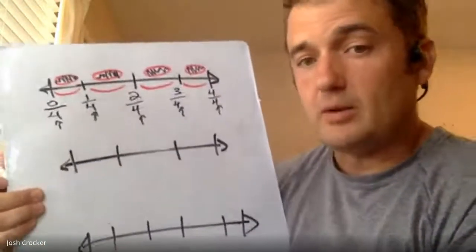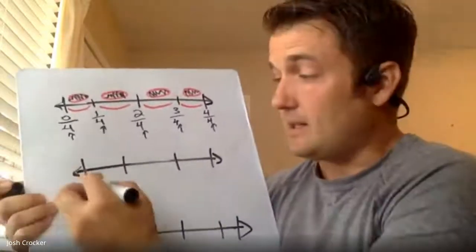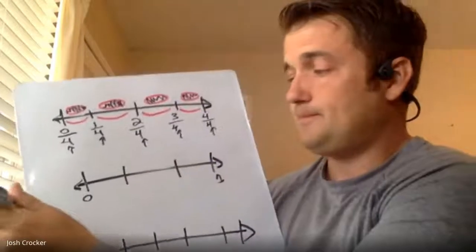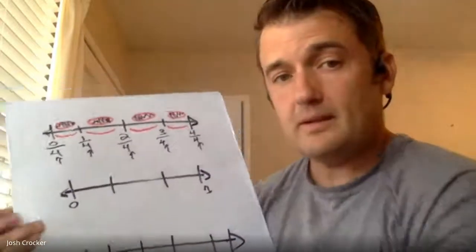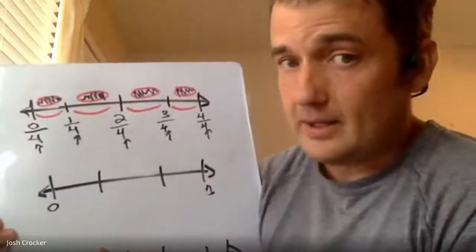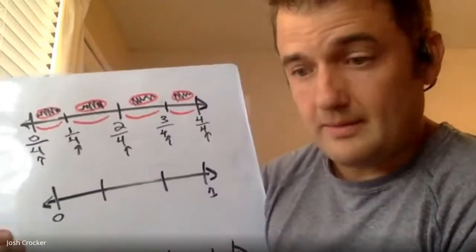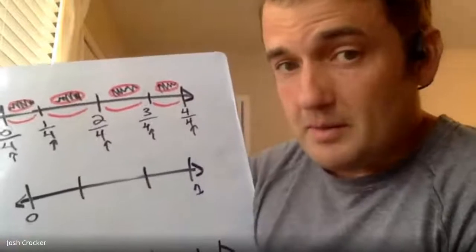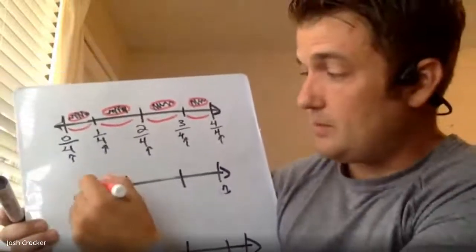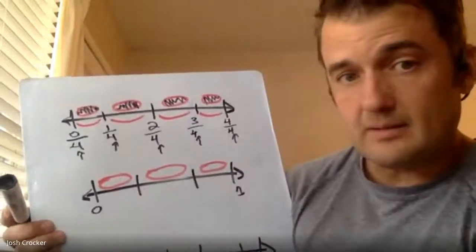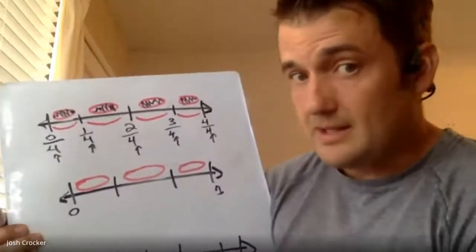Okay, let's look at another number line. It's going to go from 0 to 1. How many, not lines, because if I count lines, I'm going to come up with 4, but not lines, pieces. Here's a piece, here's another piece, here's another piece. There are 3 pieces.